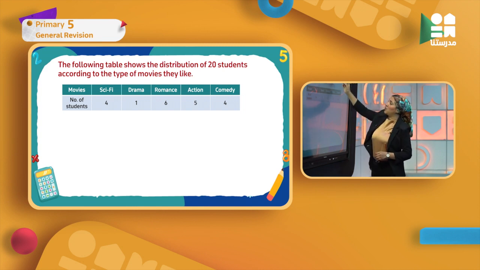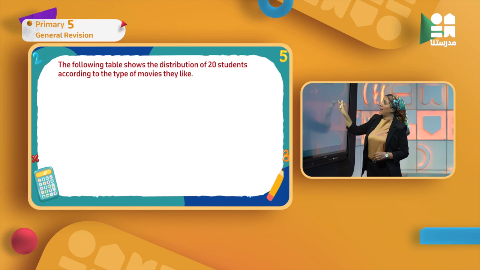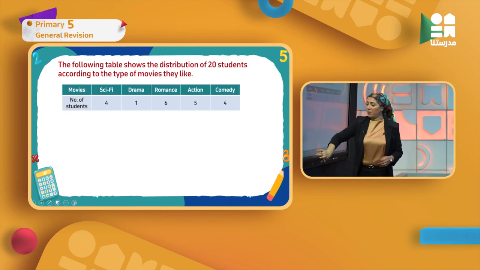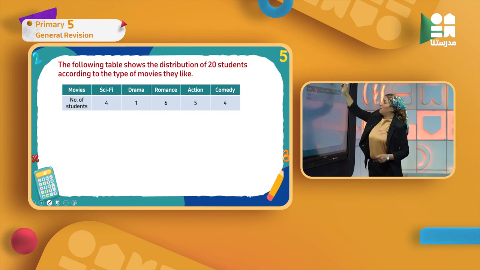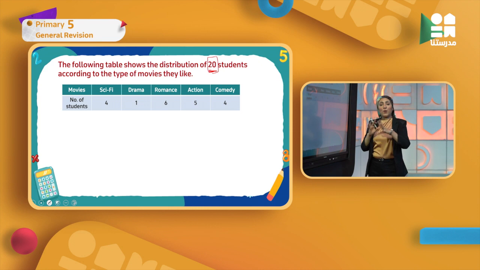I have to check first how many students do I have before I start. فأنا هنا عندي 20 people. يبقى ده ال overall number of students اللي هعرف النسبة بتاعة الستودنتس اللي بيحبوا كل نوع من ال overall number ده عشان أطلع ال percentage. فأنا عندي هنا ال overall 20.